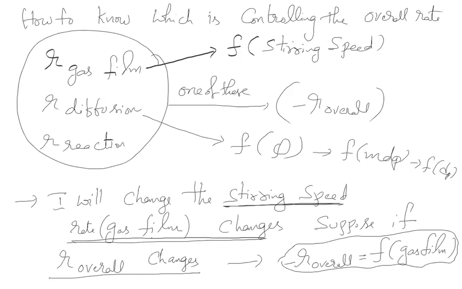If the rate of gas film changes and the overall rate changes, there is a link between these two, so your overall rate is governed by gas film. Just understand.